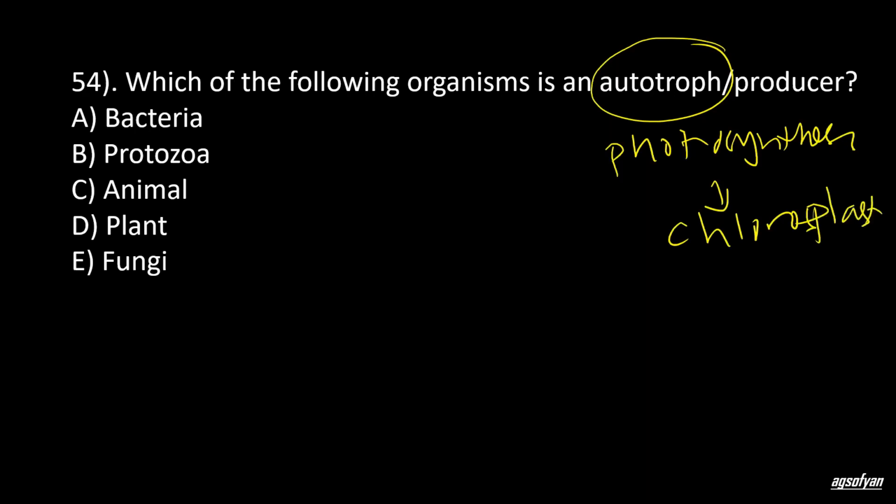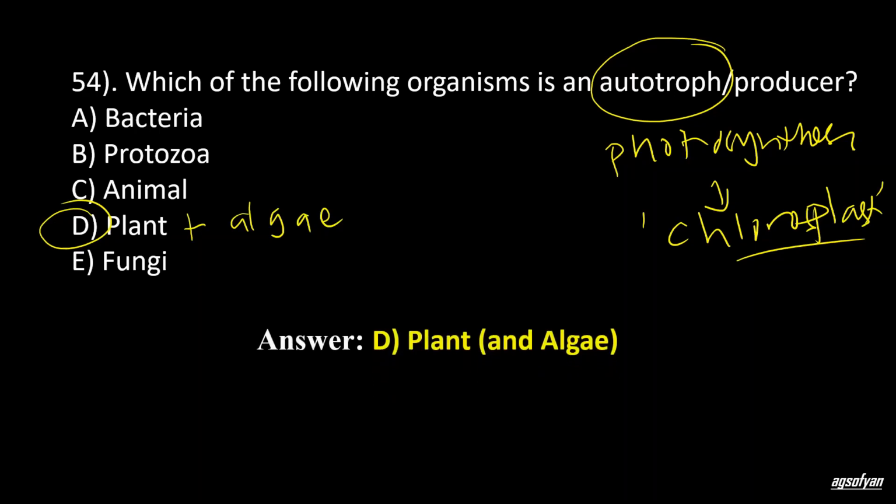So look for green color over here. Plant will be the answer. Plant and algae have green color because they are able to perform photosynthesis. So they are autotroph or producer.